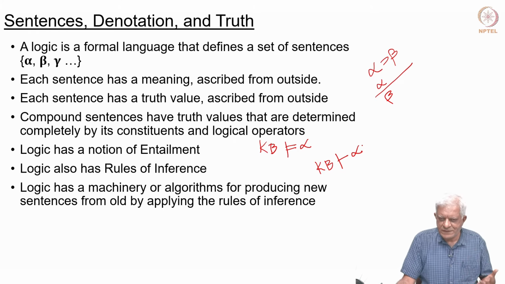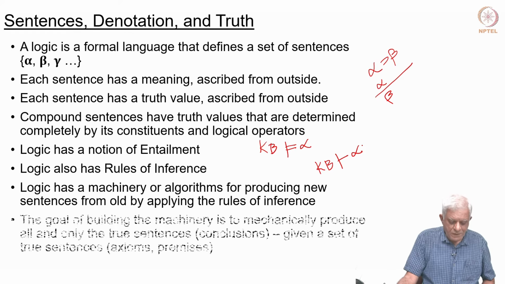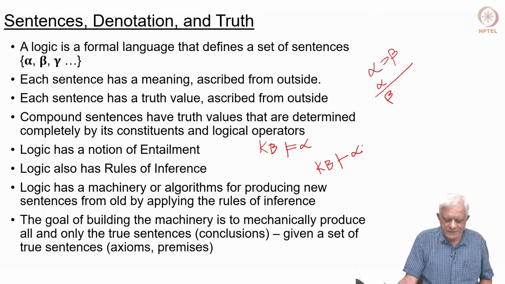And obviously, we studied the notions of soundness and completeness, and we said that the goal of the machinery that we are building is to mechanically produce all and only the true conclusions given a set of true sentences. You give some input, a set of axioms or premises, and whatever conclusions hold logically, we should be able to produce using this syntactic procedure of theorem proving, adding new formulas till we have added the formula that we are interested in.